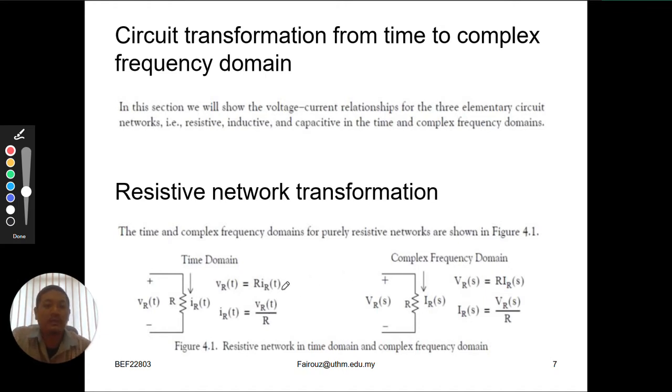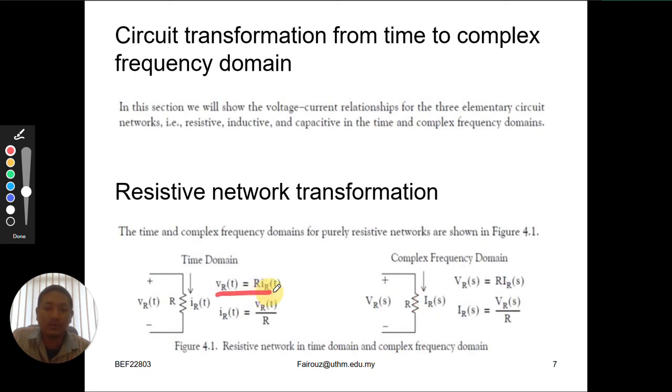Basic Ohm's law. Now we can also transform this circuit into frequency domain, or S domain. So instead of v_R(t), with v in a small letter, in S domain V is a capital letter, V_R(s), and the resistor is still the same, R, and the current is capital I_R(s).